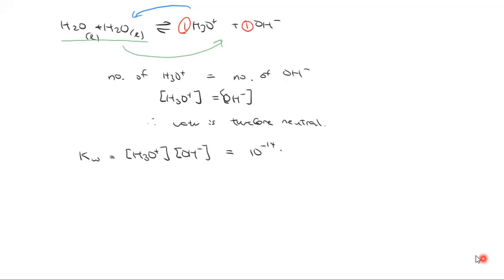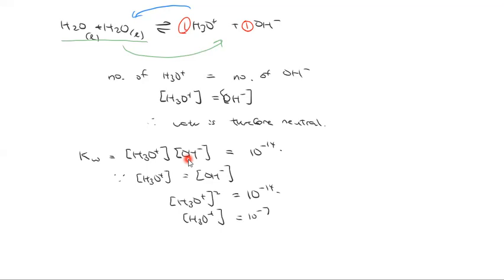Because H3O+ equals OH-, this is equivalent to H3O+ all squared equals 10 to the negative 14, which means for water, H3O+ is 10 to the negative 7, which means minus log 10 of H3O+, which is pH, is 7. And that's why the pH of water is 7.